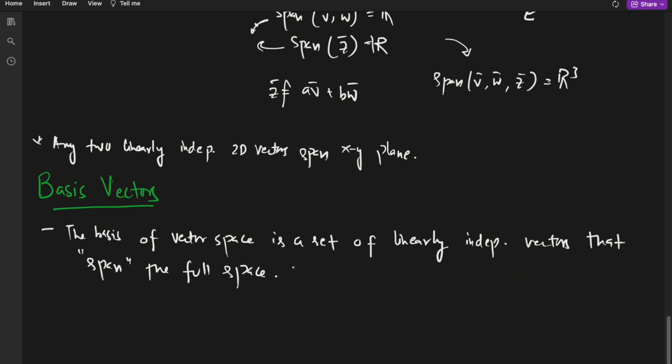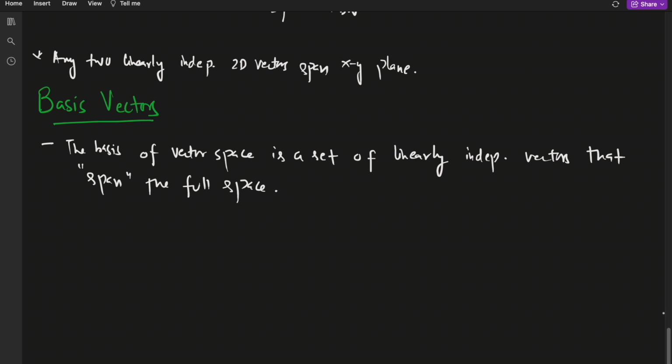So in the last lecture I already told you that for 2D space, the standard basis for r square is nothing but i hat and j hat, right?